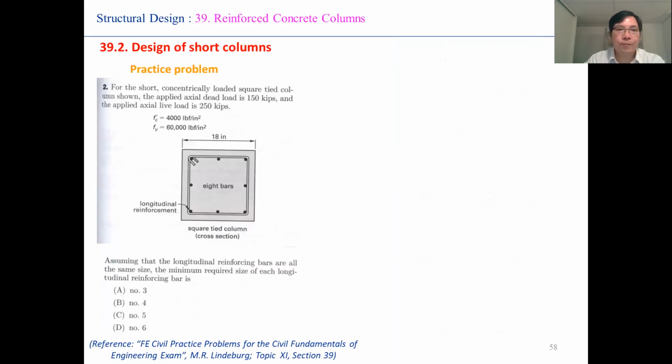Now I just show you in this slide the second practice problem. They give you the applied axial dead load and the applied axial live load with the property of the concrete and the steel, the dimension of the column. They ask you the minimum required size of each longitudinal reinforcing bar.